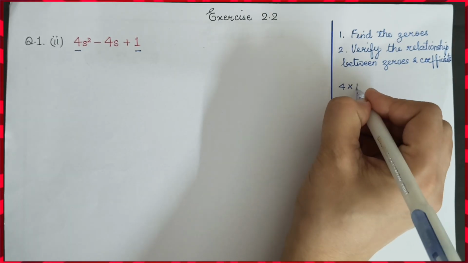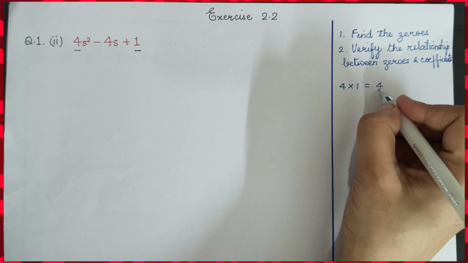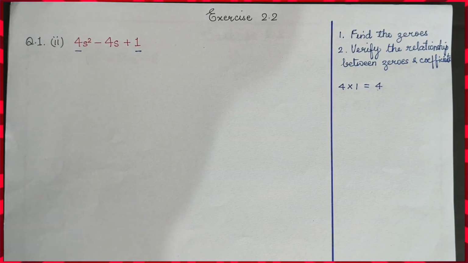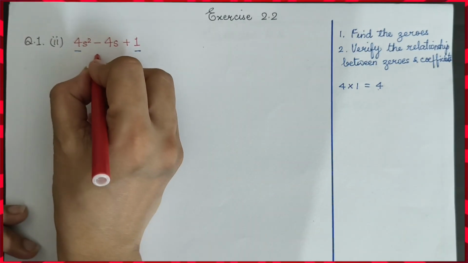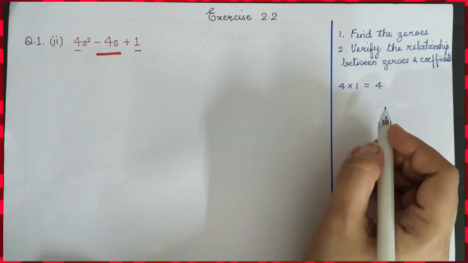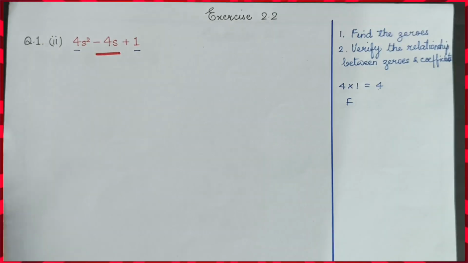To factorize, we take the coefficient of the first term and the last term, and we multiply them. So, we get 4. Now, this number that we get, we have to factorize again to find the two terms for splitting the middle term.